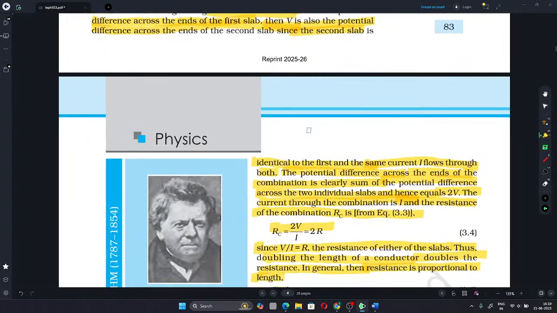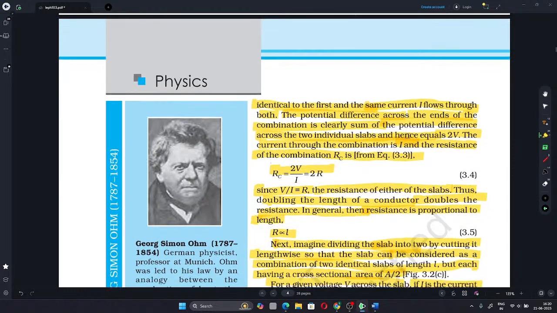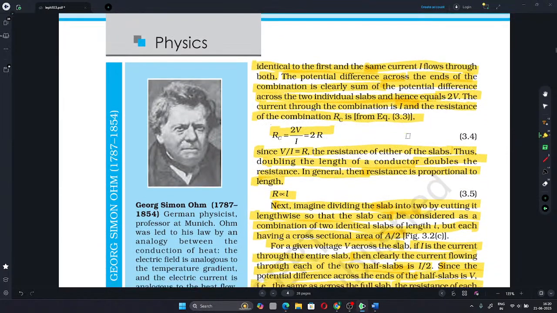Since the second slab is identical to the first slab and the same current I flows through both, the potential difference across the ends of the combination is clearly the sum of the potential differences across the two individual slabs and hence equals 2V. The current through the combination is I, and the resistance of the combination R_C equals 2V by I, which is 2R. Since V by I equals R, the resistance of either slab, doubling the length of the conductor doubles the resistance.